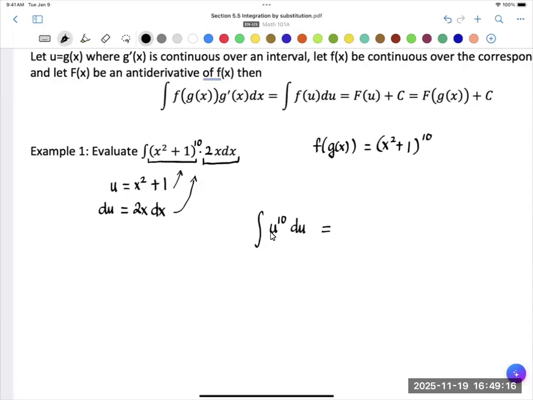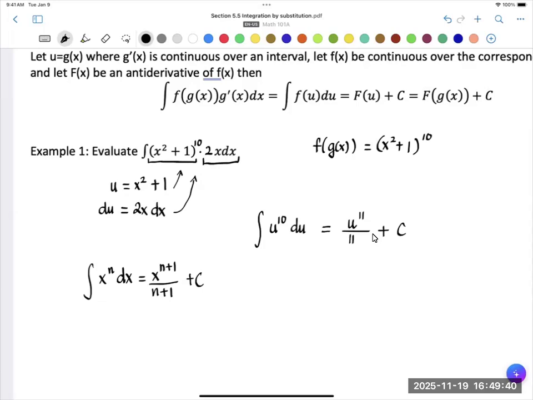What is the antiderivative of u to the power 10? We look at the power rule: x to the n plus 1 over n plus 1 plus c. u is the same thing, just a different variable. So it's u to the power 10 plus 1, which is 11, over 11 plus c.